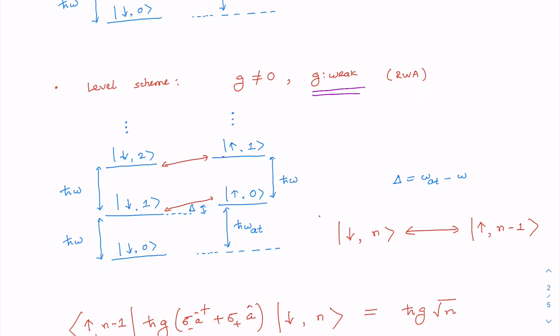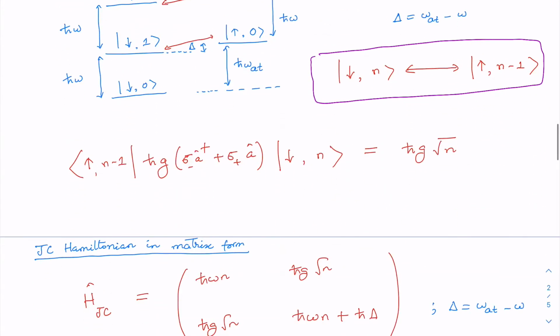Therefore we can take the basis states where either the atom is in the ground state with n photons in the field mode, or the atom is in the excited state with one less photon in the field mode. The matrix element that connects these neighboring energy levels was worked out, and it was h cross g into the square root of n.